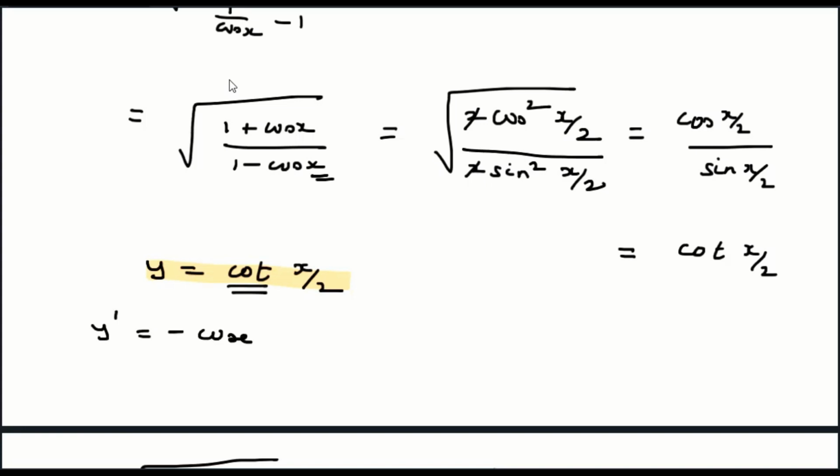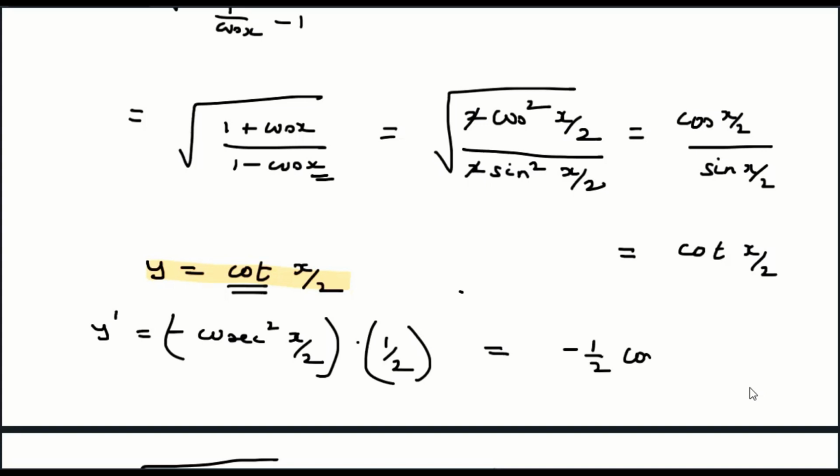Minus cosecant square x by 2. Then differential of x by 2 is 1 by 2. So this is differential of cot and this is differential of x by 2, which is equal to minus 1 by 2 cosecant square x by 2.